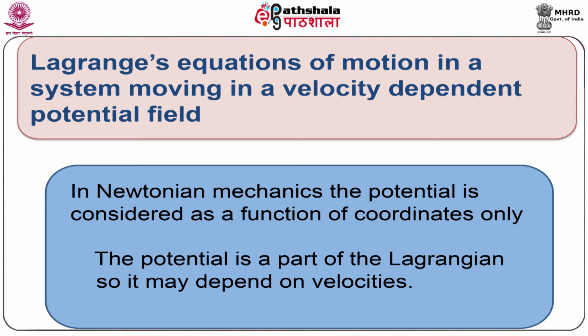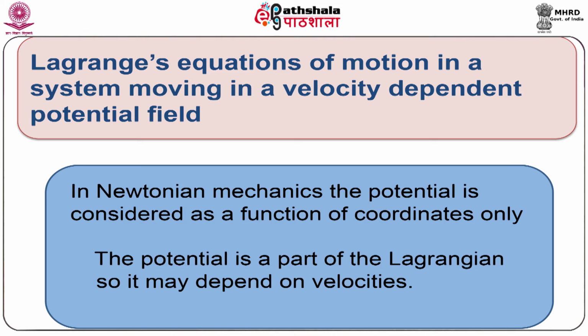In both cases, the potential depends on the generalized coordinate only. Here we have to consider the motion where the system is moving in a velocity dependent potential field. In Newtonian mechanics, it is well known that the potential is a function of coordinates only.